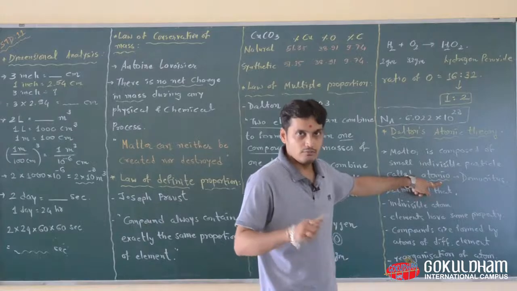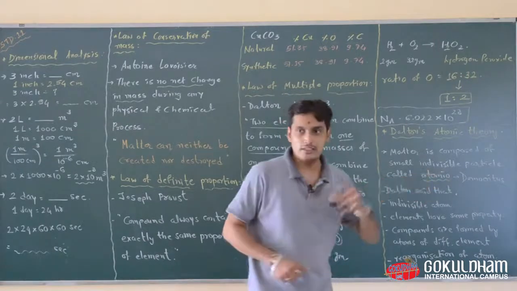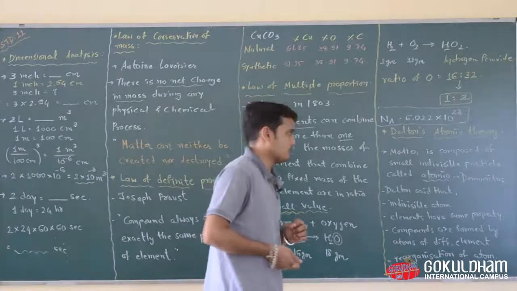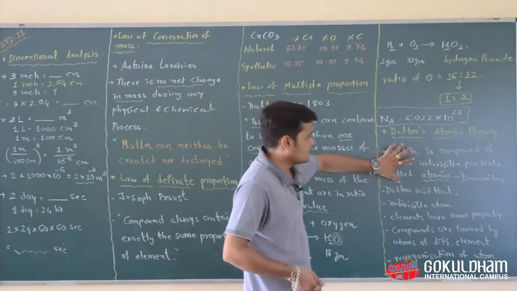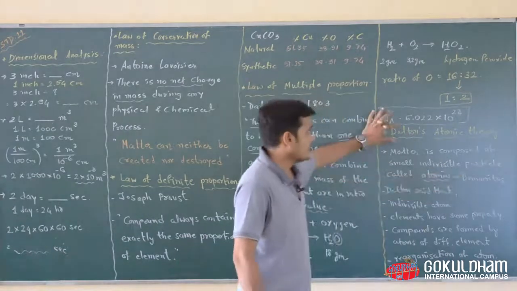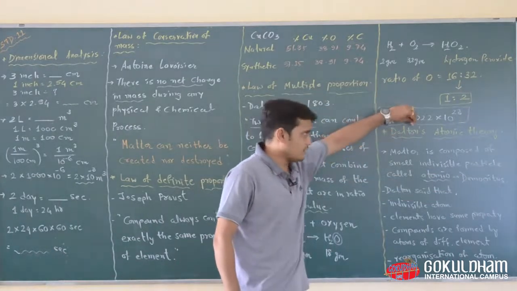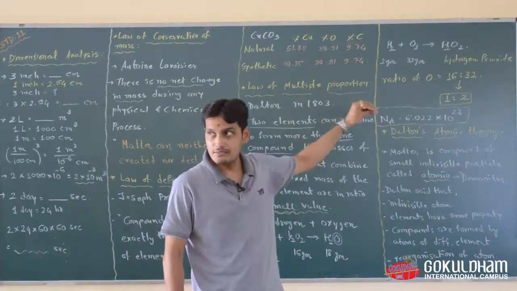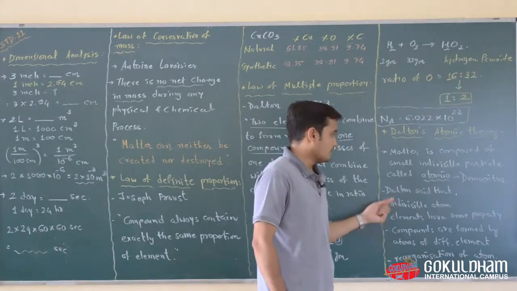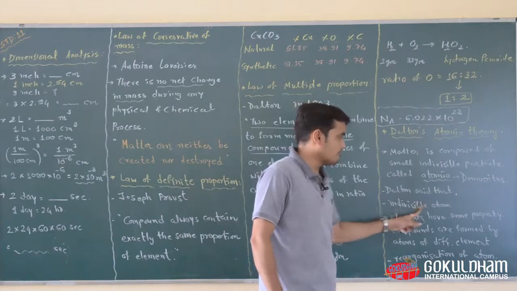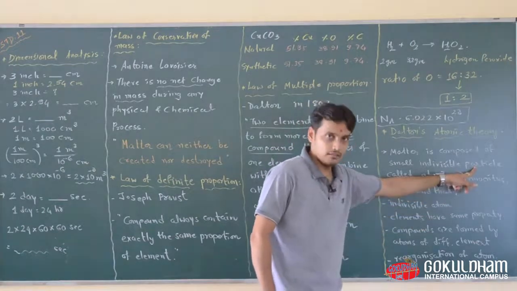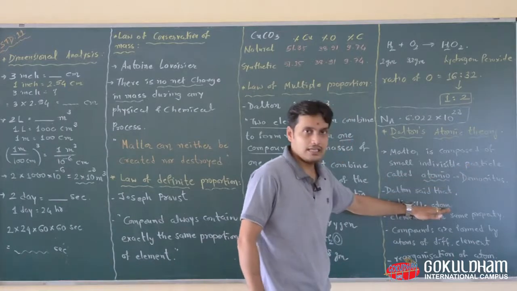Atomio is a Greek word, and this atomio is converted into atom in the present scenario. This law was given by Democritus, but Dalton did the experiments and changed this, as Dalton said that matter is composed of indivisible atoms. Democritus said particle, but Dalton said atom.